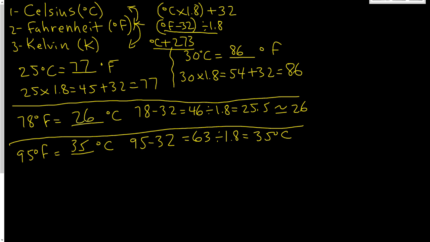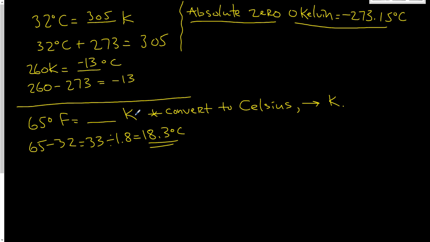So now we're going to add 273, and we end up with 291.3 Kelvin, and that is our answer when we look at 65 Fahrenheit converting to Kelvin.